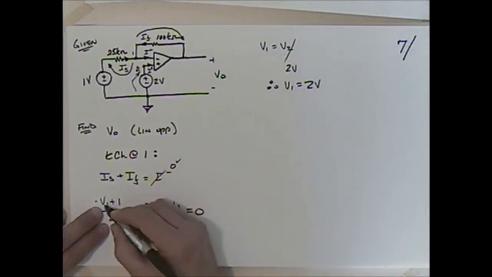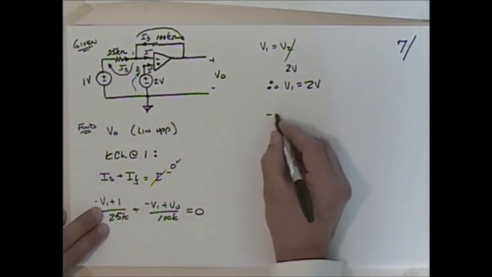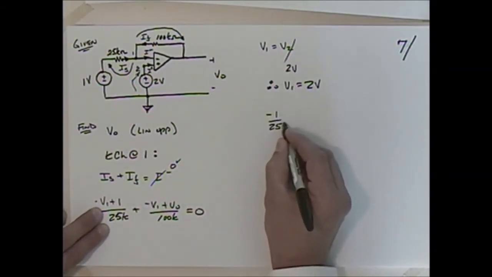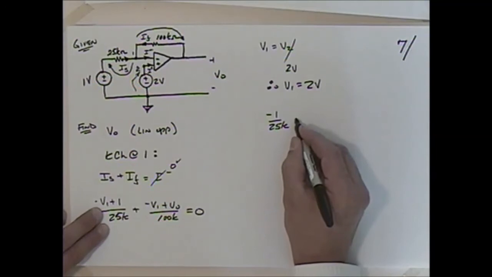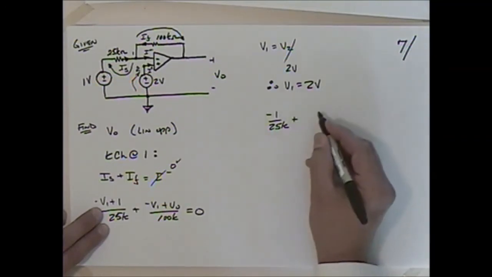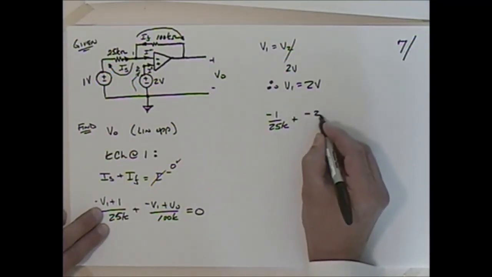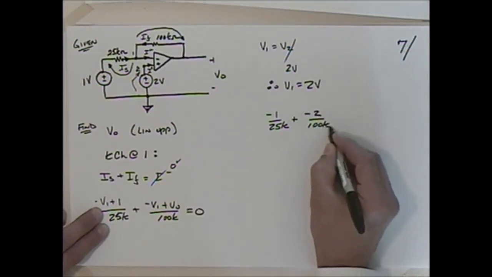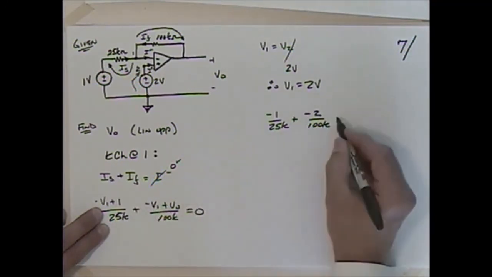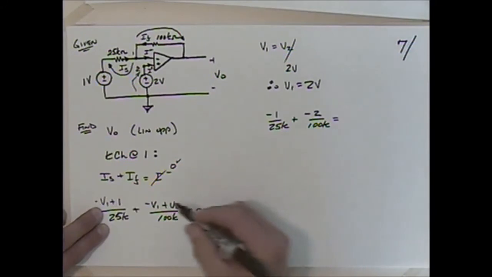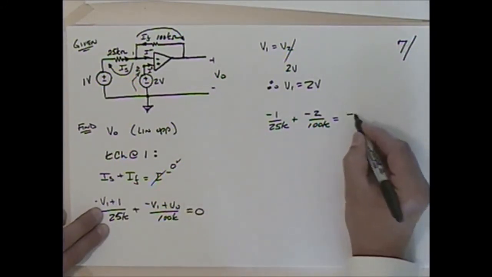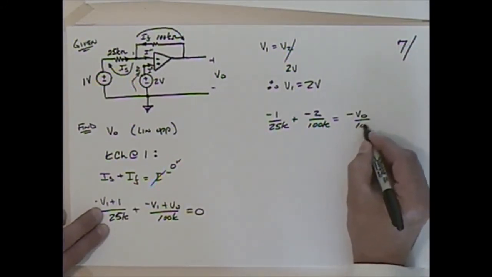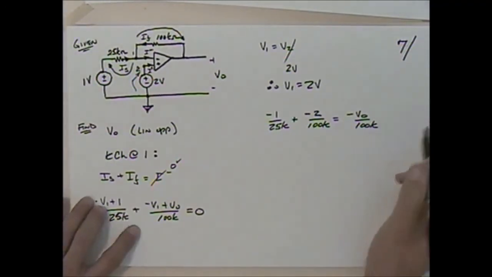So I can say that I have -2 plus 1 is -1 over 25k, plus a -2 over 100k, is that right? Yep. Is equal to, when I move that V0 over 100, it becomes negative, so negative V0 over 100k.